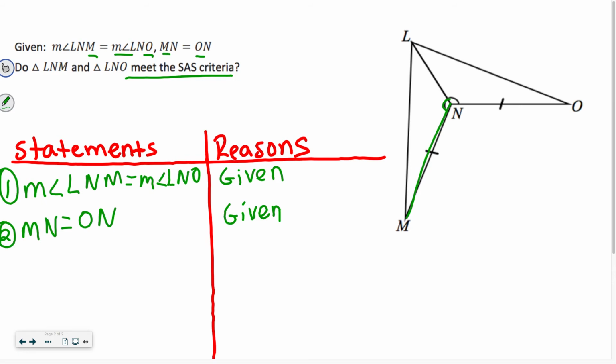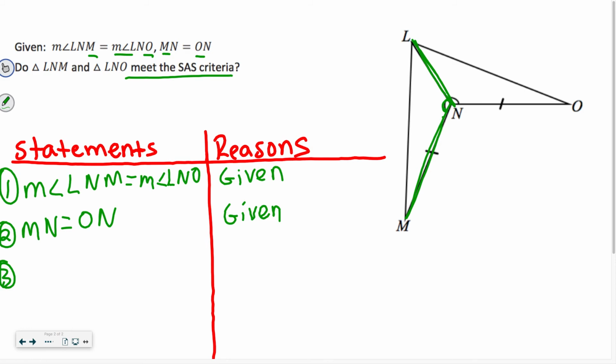So what side do we need to say now is congruent, right? So we have a side and angle. What is the side that we need to show that are congruent? Right? We can say, don't both of these triangles share this same side? Don't they share it, so they must be equal, right?